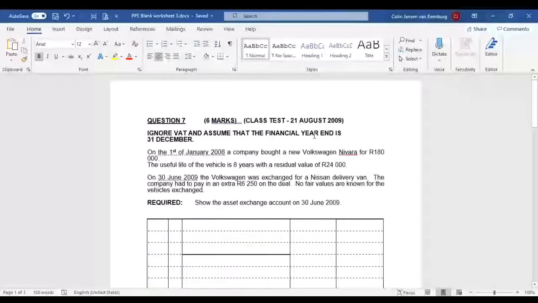Okay, so let's have a look at this question, and then we're going to discuss the various principles with regards to an asset exchange. And then if there are any questions while we are doing this, you are welcome to ask yourself. You are obviously welcome to type any questions in the chat box as well.